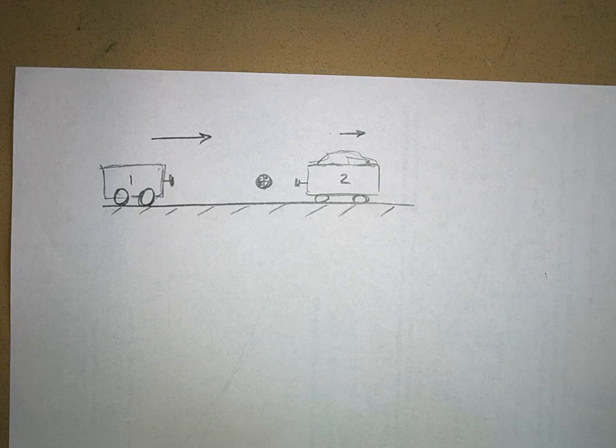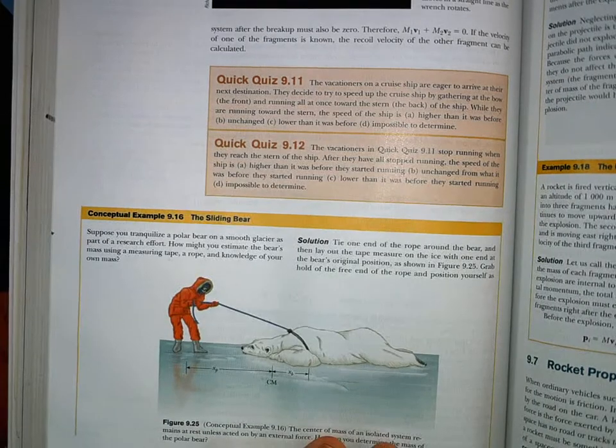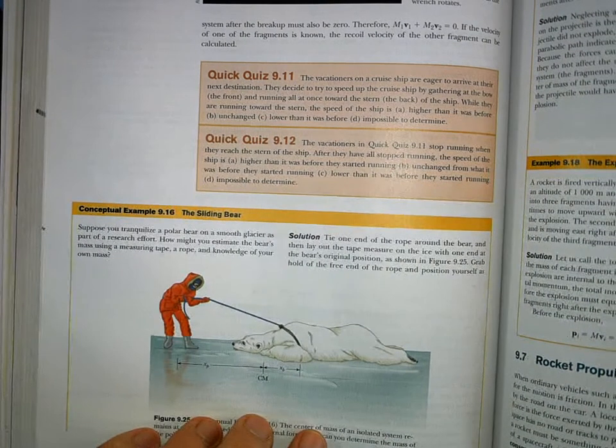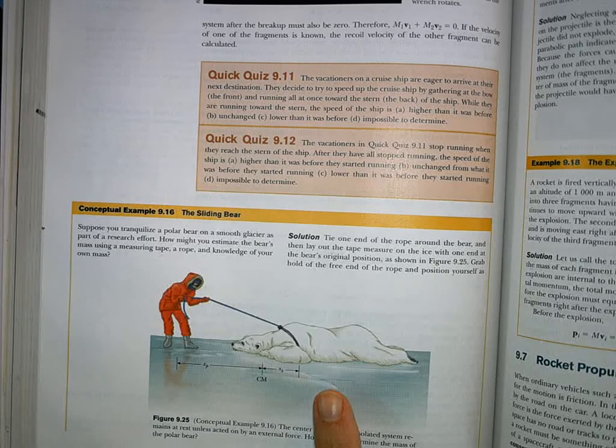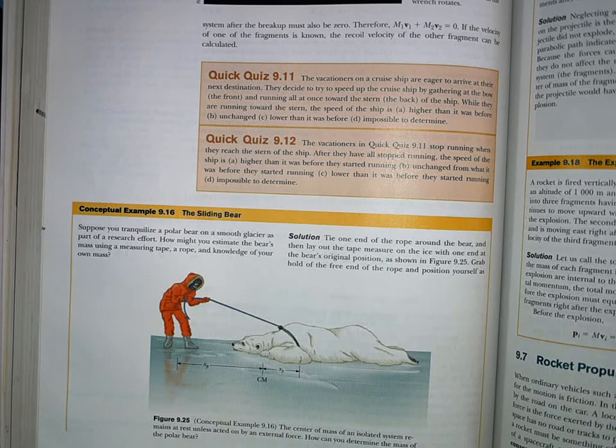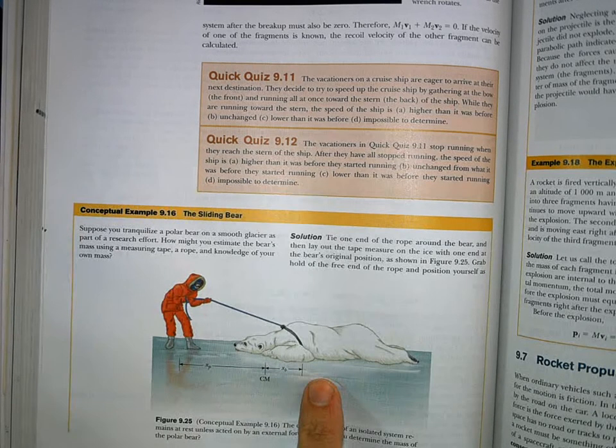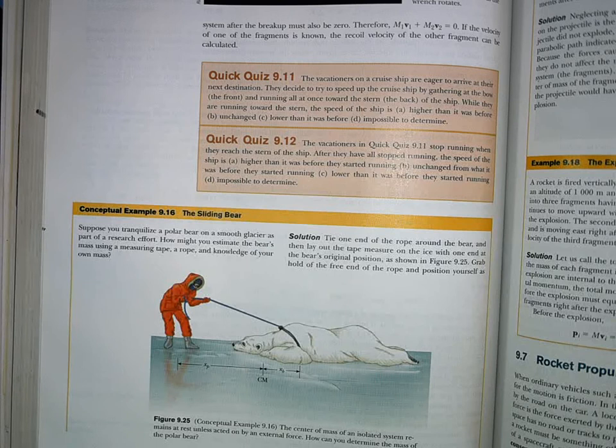There's an example problem in the book where you have, unfortunately, one of the last polar bears. Oh man. Yeah, and so you tranquilize the polar bear, and you're out there on the ice. You're a field scientist, and you want to come up with the idea of how much mass this polar bear has.